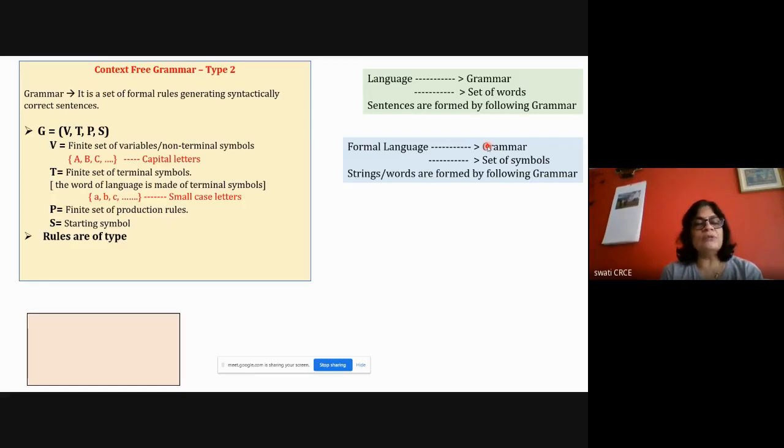And rules are of the type A generates alpha, meaning the left hand side should be the single variable, and right hand side will be the combination of variables and terminals. So alpha belongs to (V union T) star. It is a combination of variables and terminals, a string, at the right hand side, and at the left hand side there is a single variable.